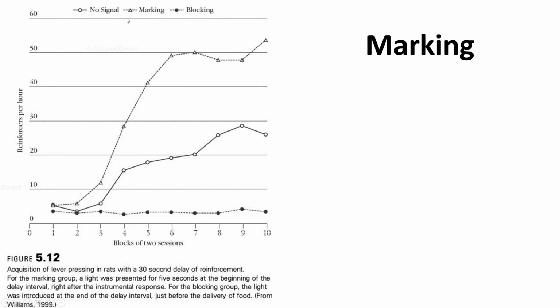What's really cool is that the simple difference of just having a light that they know nothing about turn on immediately after pressing that lever, we see a dramatic rise in lever pressing responses, and they get so much more food in this group just by that one simple change. So marking can be a really effective way of showing that a particular response was correct or important, and it makes that association that much easier, which is really cool.